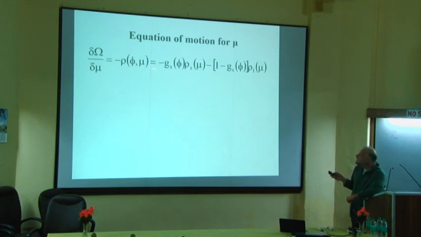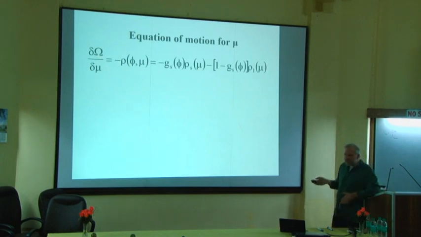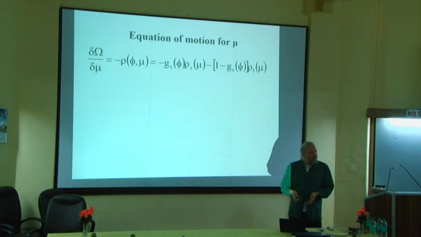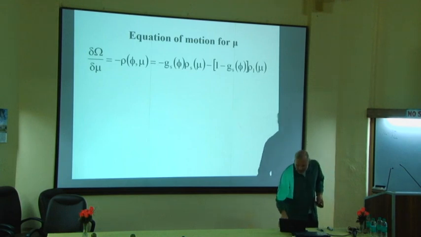Just like yesterday, I interpolated the entropy between solid and liquid, and the entropy was the derivative of the free energy with respect to temperature. So you see, again, the perfect analogy between omega and F and mu and T. So rho here plays the same role as yesterday, the entropy density.